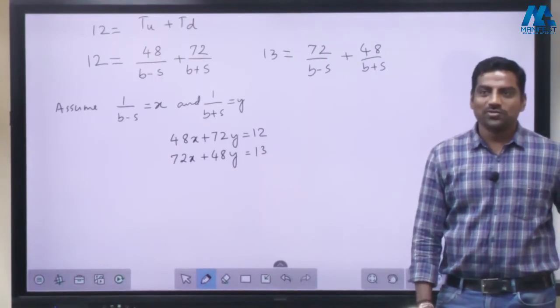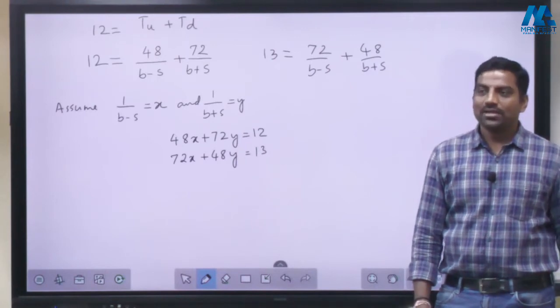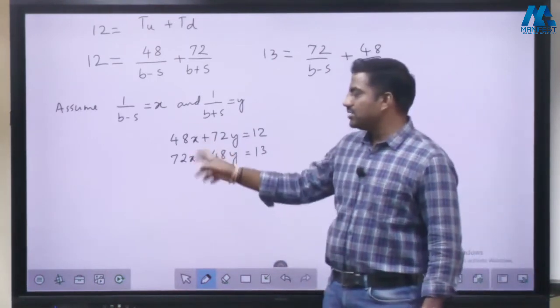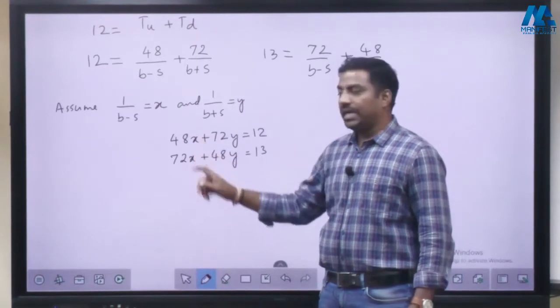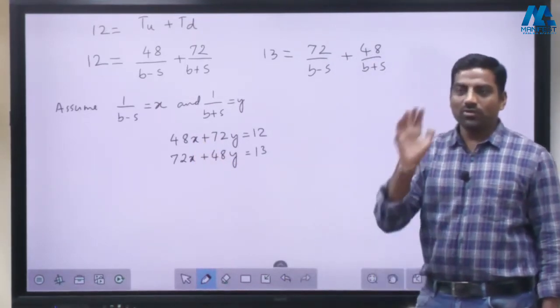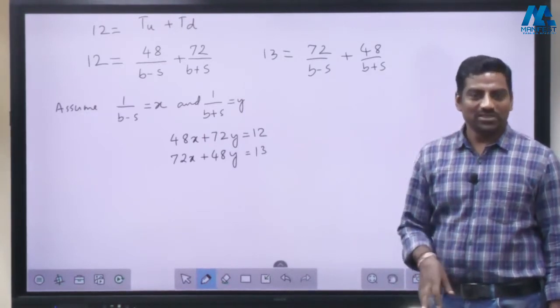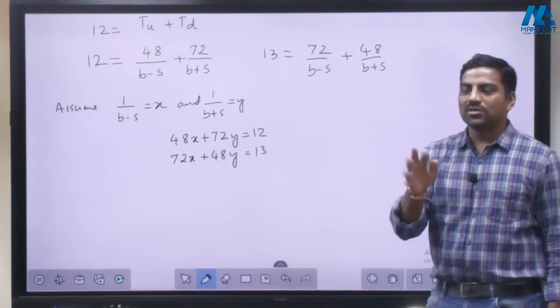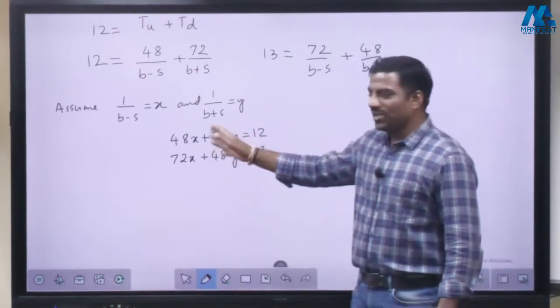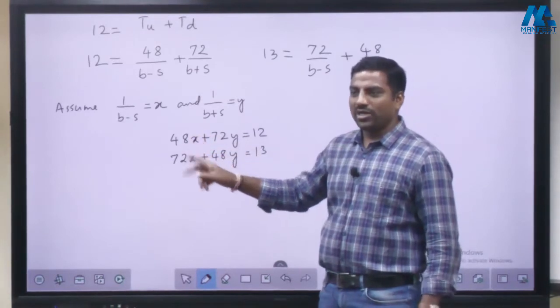After calling Krishna also, you can't solve. It will become very hectic. So instead of that, look at the nature of these coefficients, 48 and 72. They are multiples of 24. For you, only 12 will flash. For me, 24 will flash. I don't have to learn the tables of 24 for this. Look at their faces, no? 2 times of 24 and 3 times of 24.